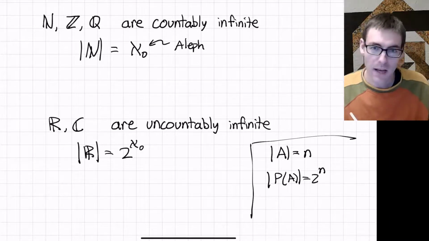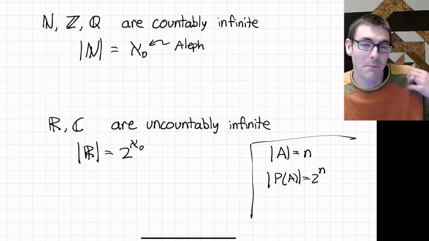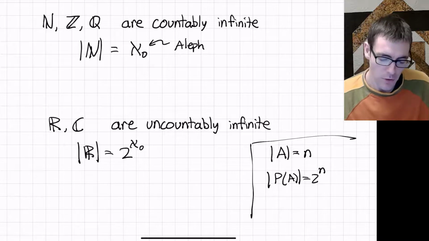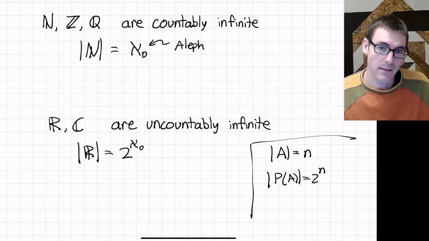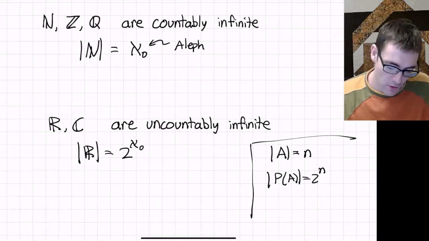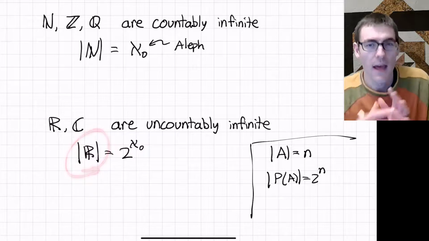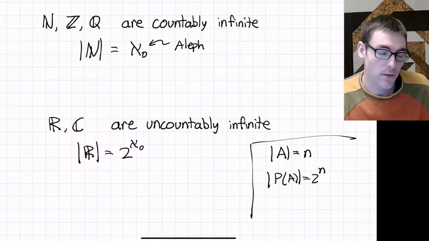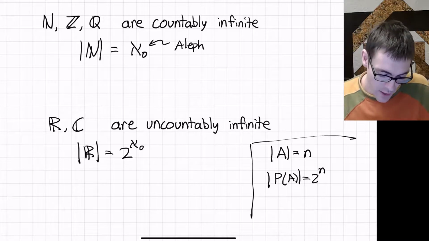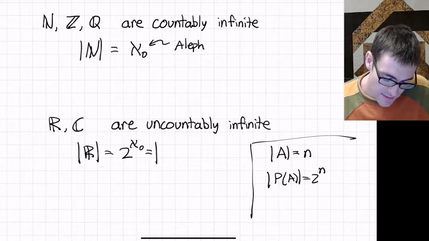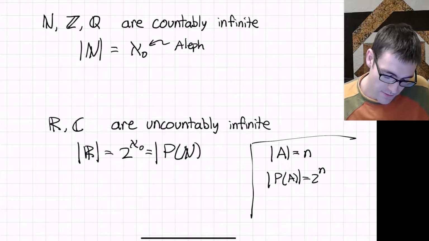And as it turns out, it doesn't necessarily have to be a finite number. The same type of logic applies to the cardinality of infinite sets. So the cardinality of the set of real numbers, as a consequence from Cantor's theorem, is 2 to the power of aleph naught because it's the same as the power set of the set of natural numbers.